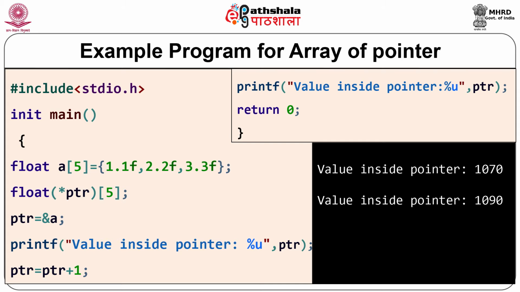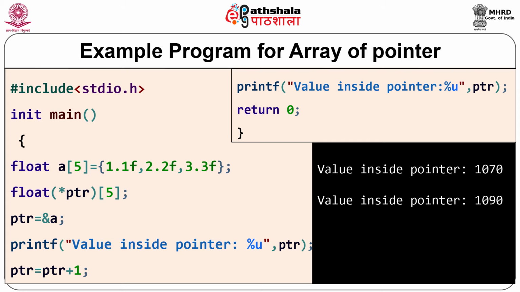So these are the elements of array A. So your array A size is 5 and the type of array is float and the elements are 1.1, 2.2, 3.3 and so on.